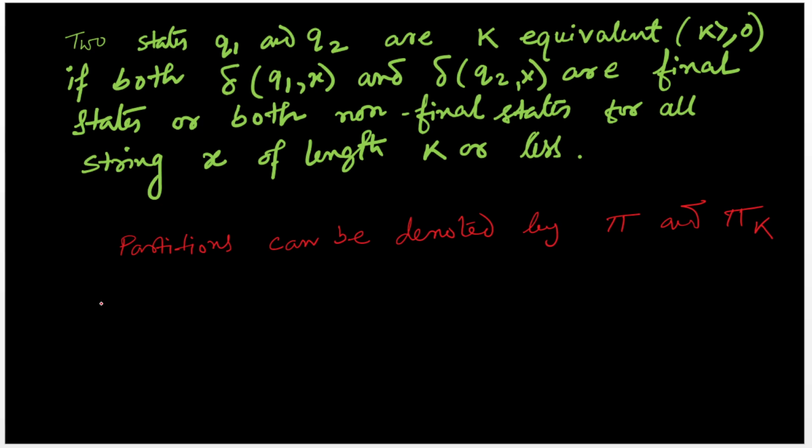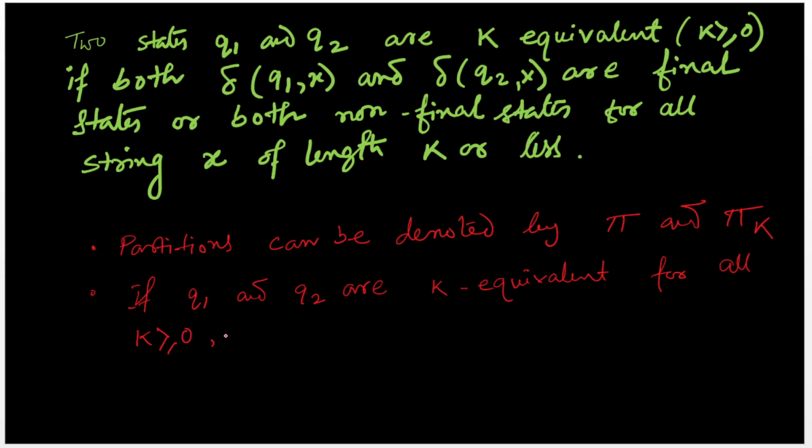If q1 and q2 are k equivalent for all k greater than or equal to 0, then they are equivalent.